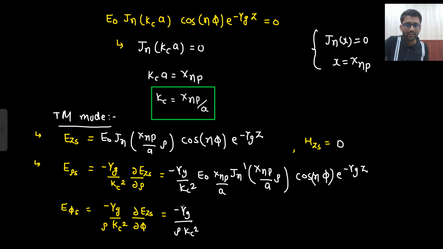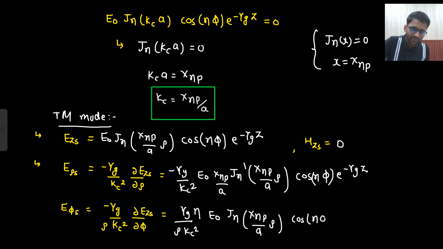So n will also come outward, and then E naught will remain there as it is. Then Jn of x n p by a into rho, and sin n phi, e to the power minus gamma g z. Sorry, the differentiation of cos is sin n phi.